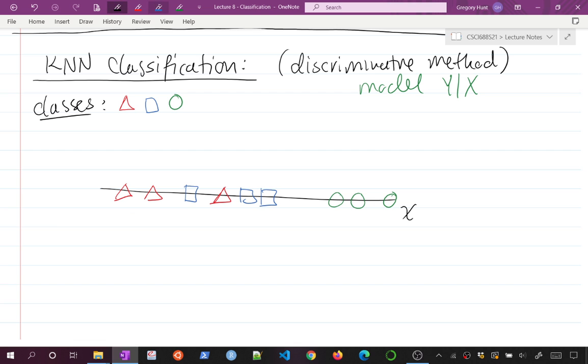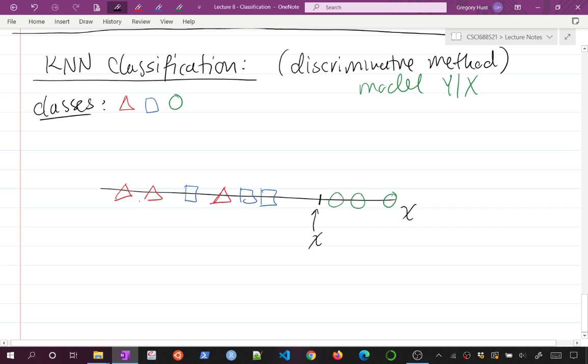And KNN very simply says, if I want to predict at some x here, the way I'm going to do it, just like in KNN regression where we said you take the average of the nearest points.